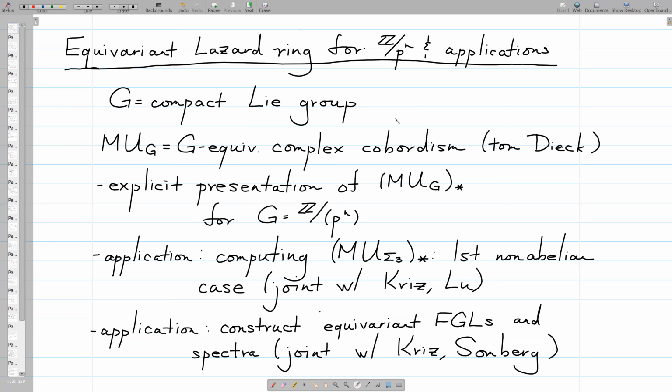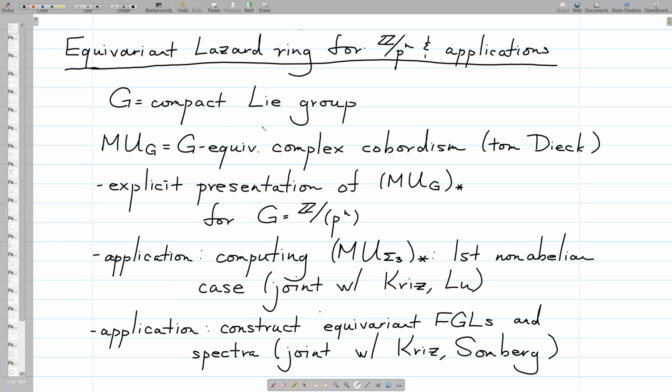And it turns out that's also the case for compact abelian groups in the equivariant situation. That's why I'm calling the MUG star the equivariant Lazard ring.